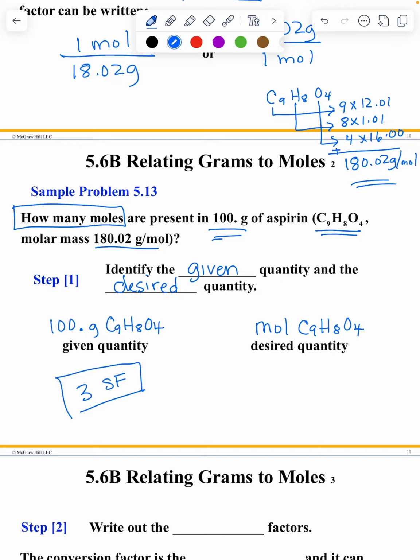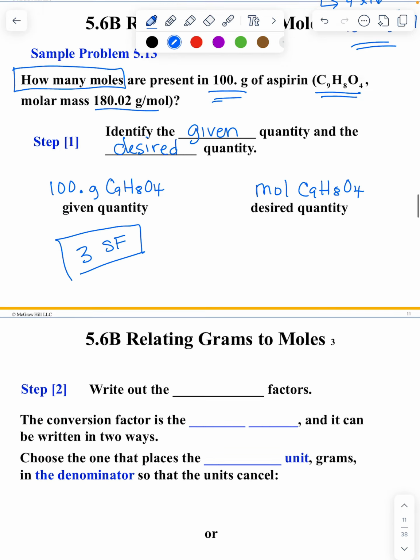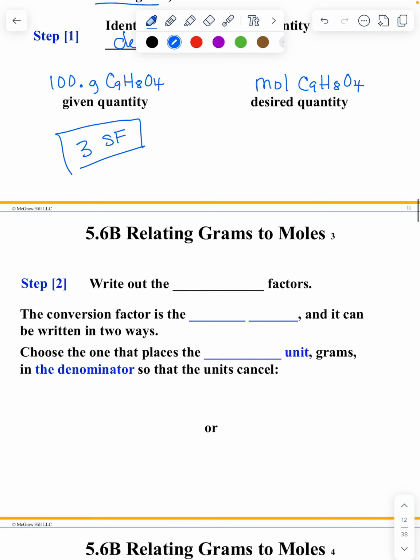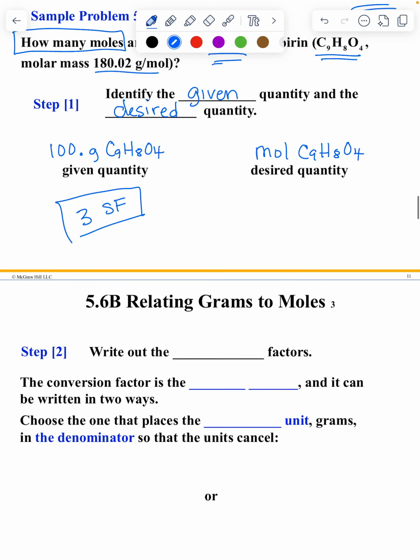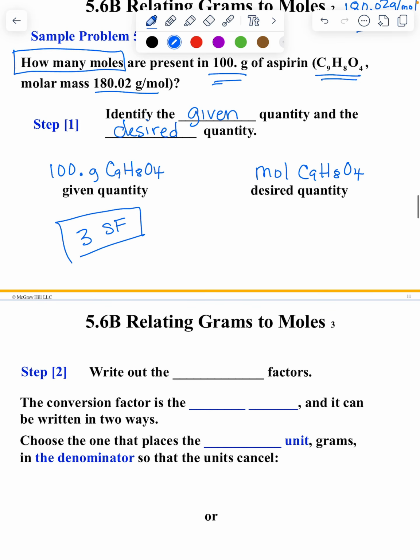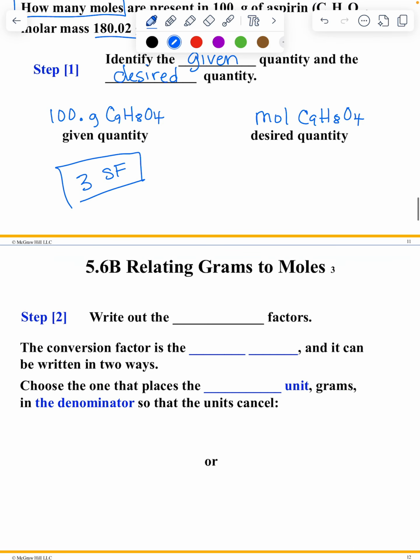All right, step 2, write out the conversion factors. What is the relationship that we have between grams and moles of aspirin? Here the conversion factor that we are going to use is the molar mass, and it can always be written in 2 ways.